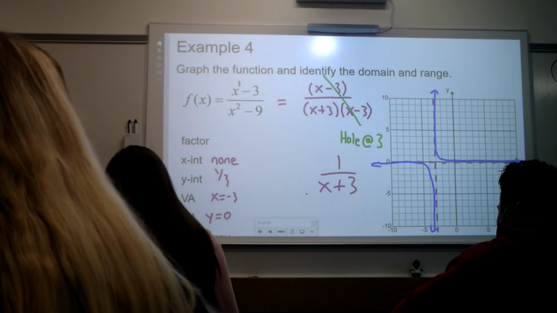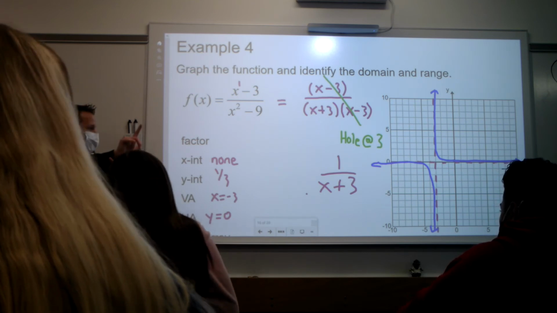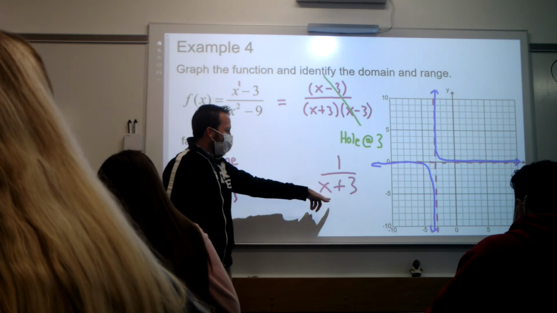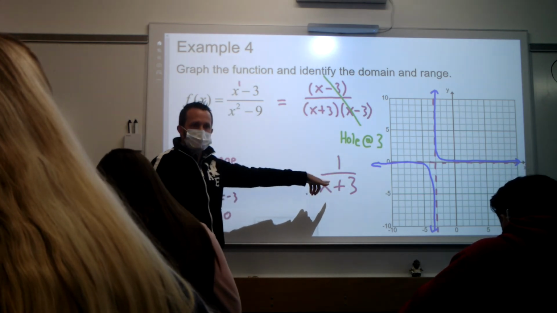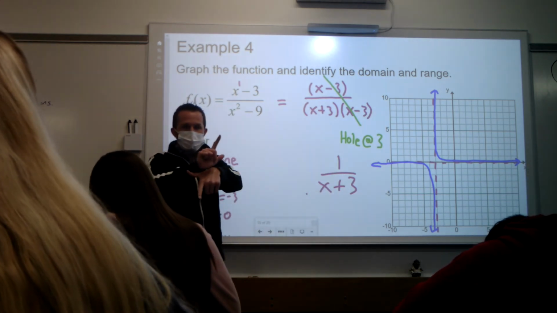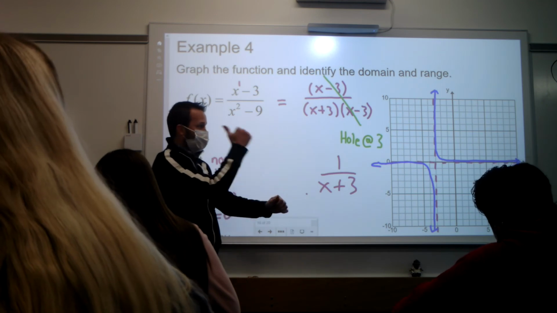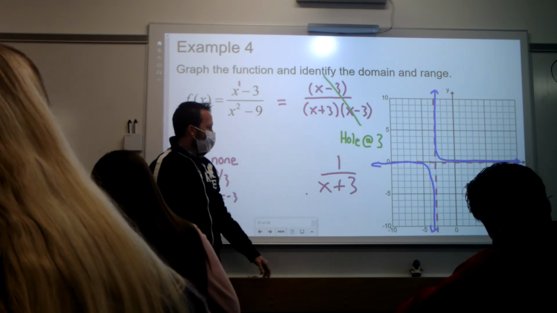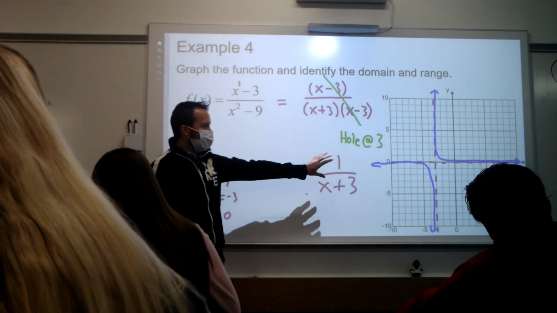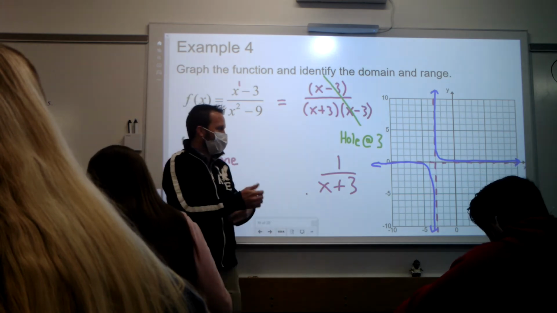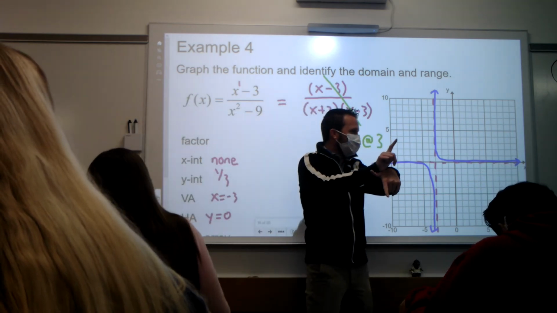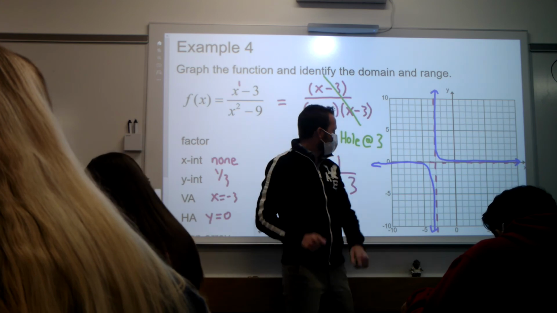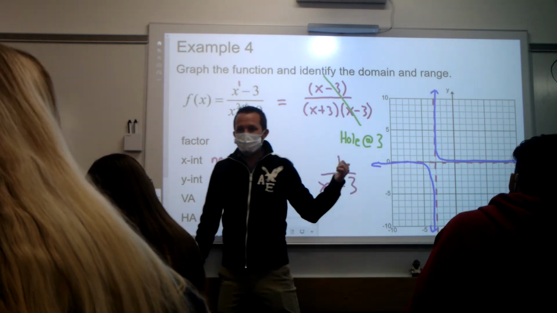Your ninja star, right? However, what does adding 3 on the inside of the function do? Moved it which way? Left 3. Remember how when you're adding or subtracting inside, you do the opposite and it moves left or right? Yeah, this is just 1 over x, moved 3 to the left. And there you go, that's your graph.